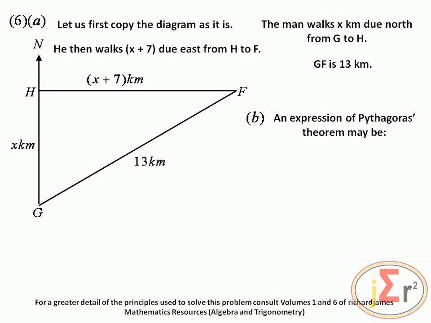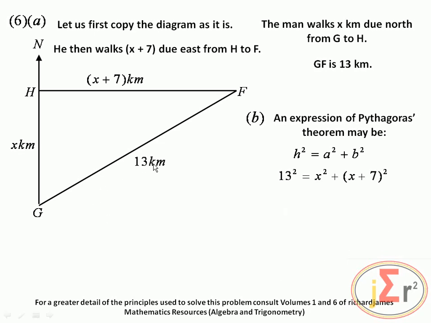So, an expression of Pythagoras' theorem may be hypotenuse squared is equal to the square of one side, maybe side A, plus the square of side B. So we are going to use the situation that we have right there and transfer the information that we have into this formula that is a representation of Pythagoras' theorem.